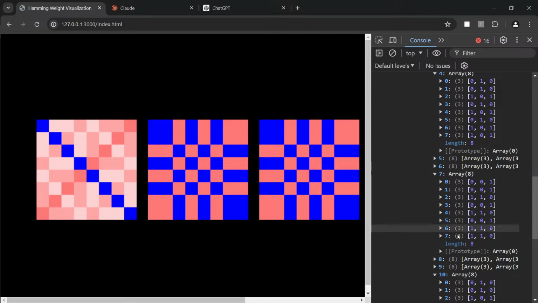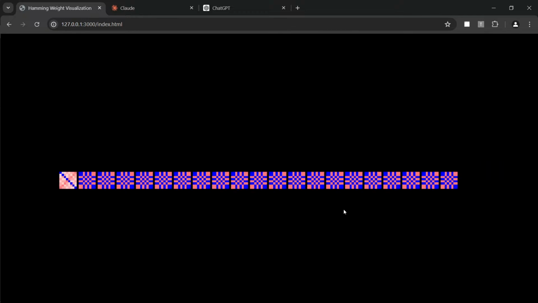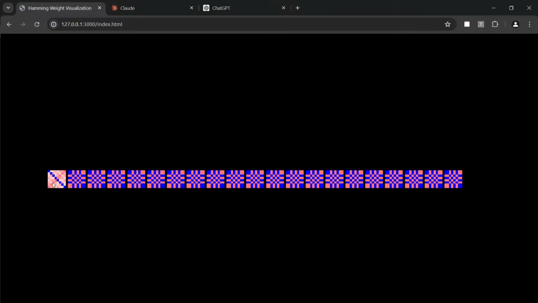But that doesn't show up in our Hamming distance. Right. So we're still moving the representation around, but it's maintaining the same Hamming distance.